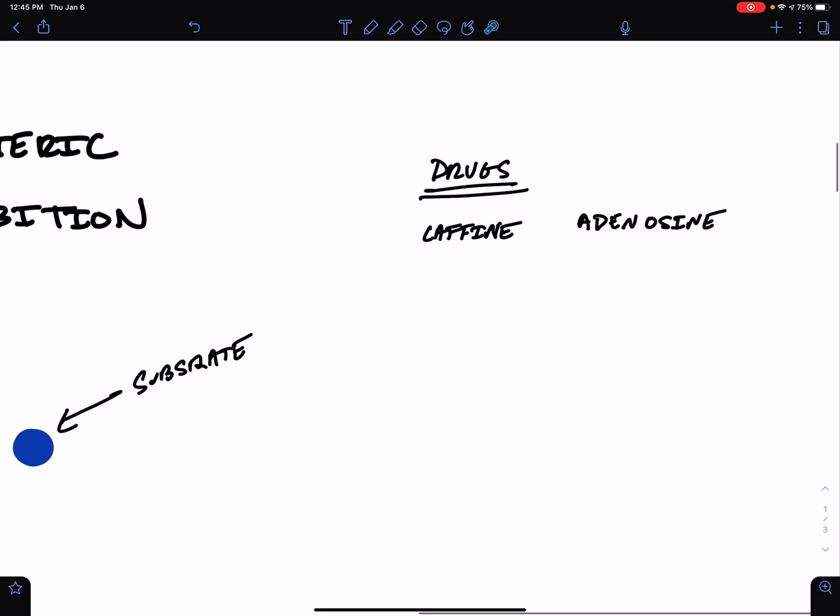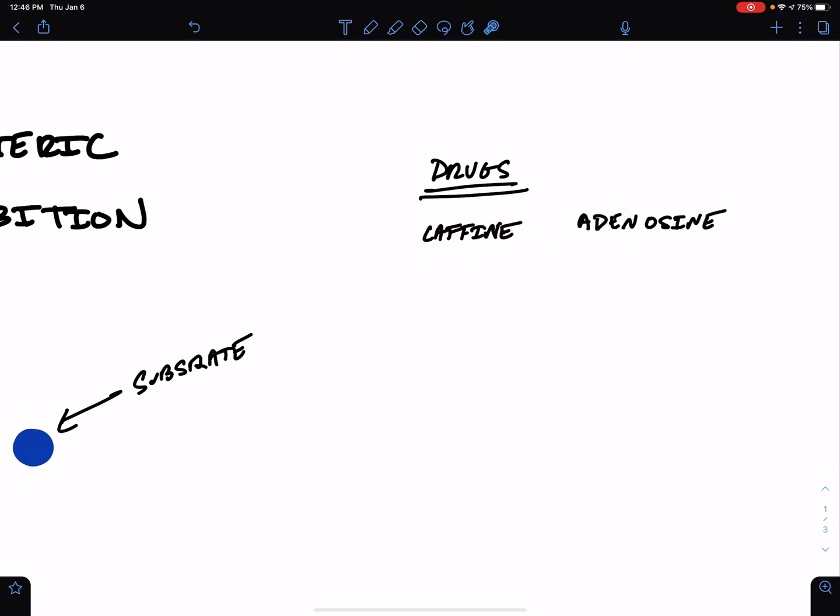So adenosine is a molecule that when it builds up gives you the sense of fatigue. It binds to a receptor in your brain and gives you signals that you're tired. The way to decrease your levels of adenosine is to go to sleep. That causes sleep, when adenosine is cleared out of your brain.